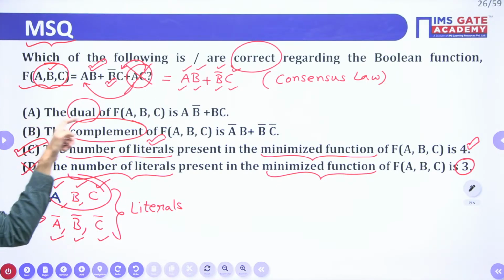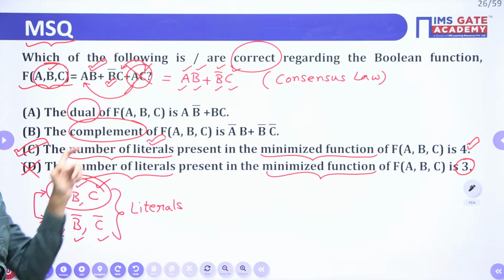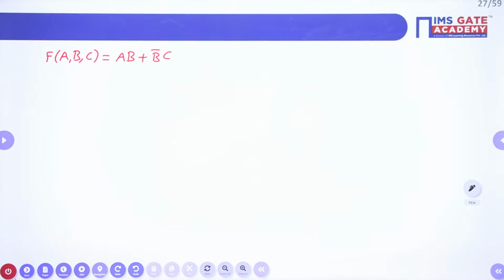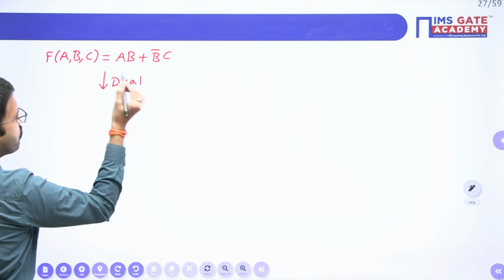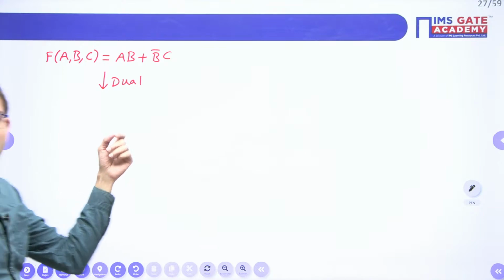So in this option they are asking duality, in this option they are asking complement. Yes, very good. So now let us apply dual. Regarding dual, I hope all of you know.